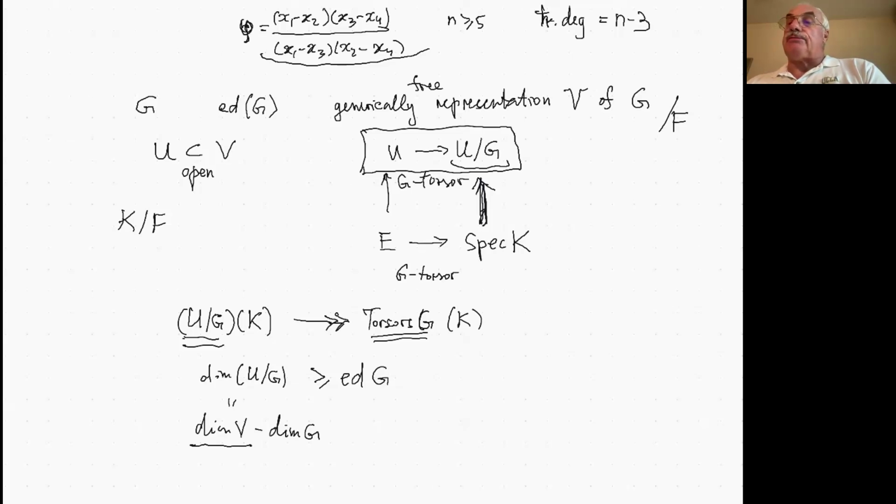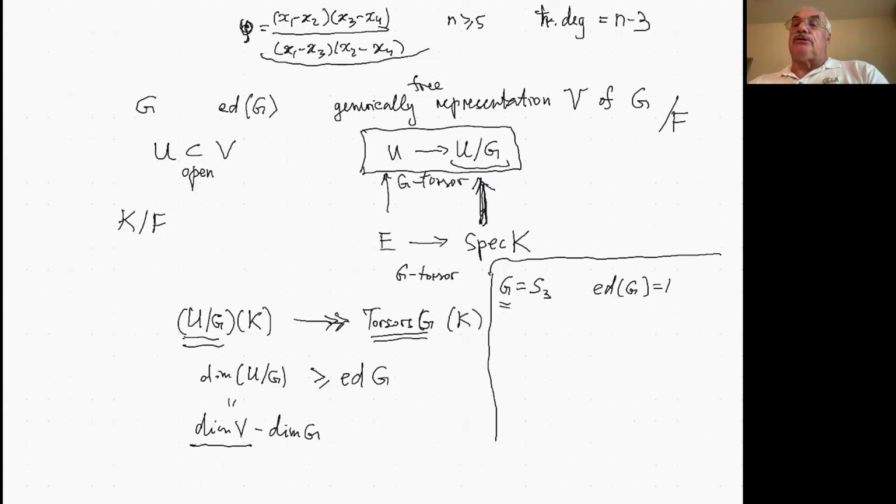Let's go back to the example when G is S3. We know that the essential dimension of G is 1, but G has no one-dimensional representation which is generically free, which means faithful for finite groups. So there is no faithful character of G. So in many cases, the essential dimension of G is smaller than the minimum of all differences dim V minus dim G.